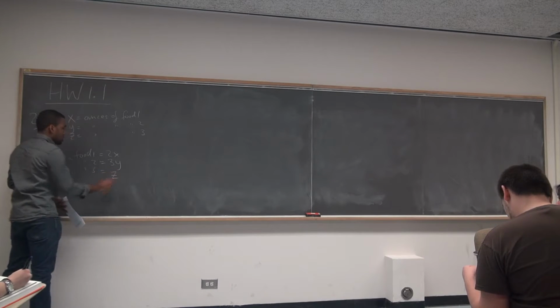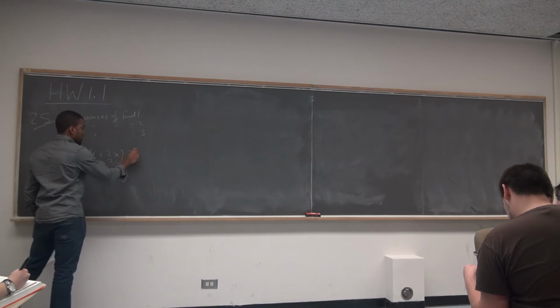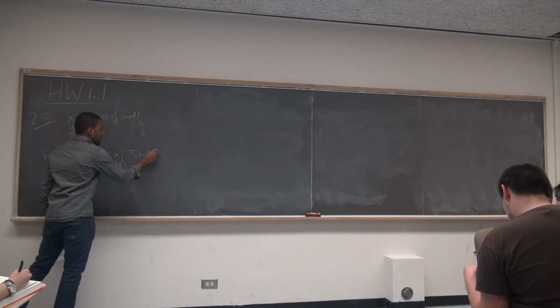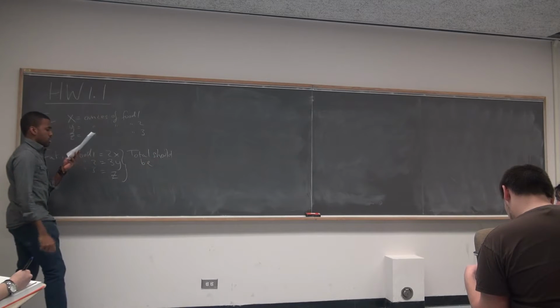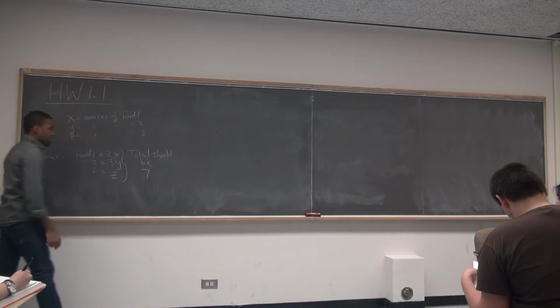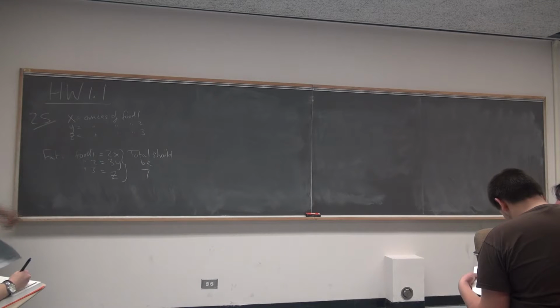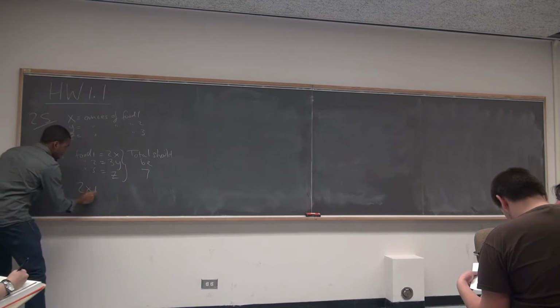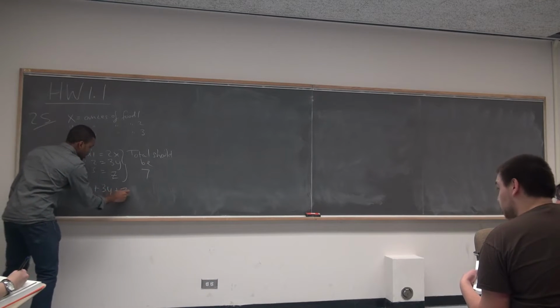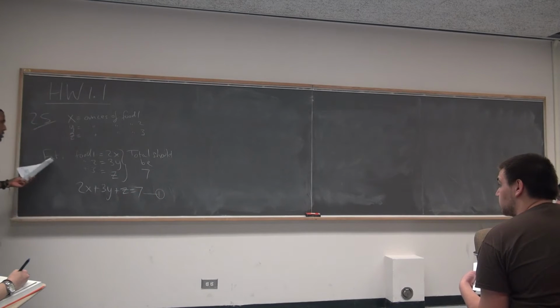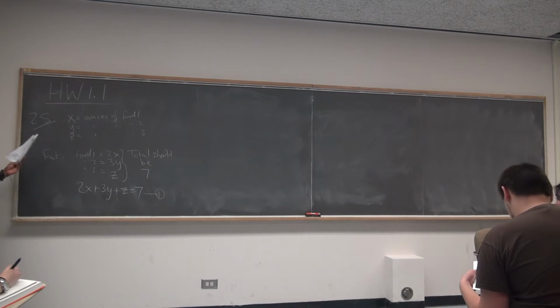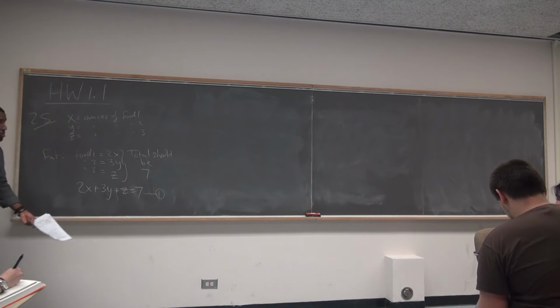So that's just Z. Now you want the total fat to be 7. So this gives you an equation for fat: 2x plus 3y plus z equals 7, and that's one equation. You do the same thing for the other nutrients, proteins and carbs. You set it up in basically the same way.